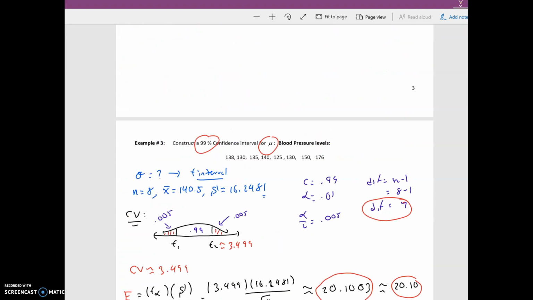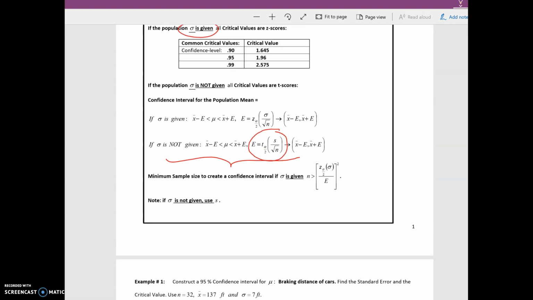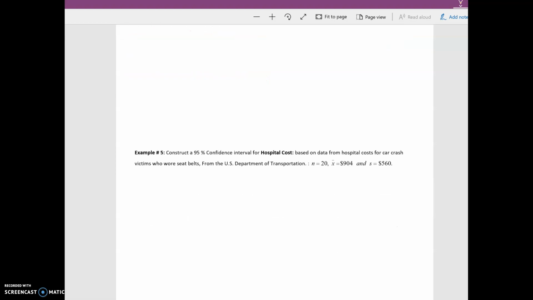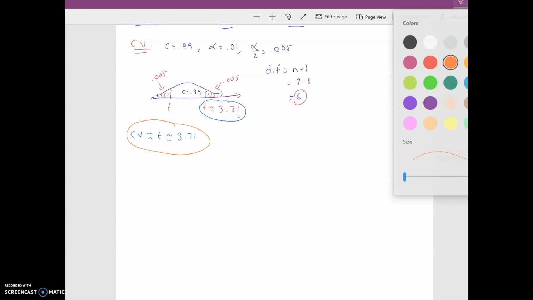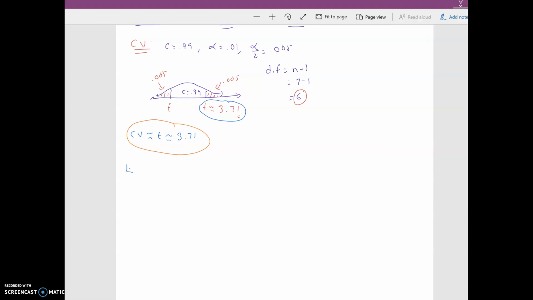Now, remember the standard error calculation. This is the formula that we're going to be using. The standard error is composed of the critical value times the standard deviation over the square root of n. So for this one, E is equal to T of alpha times the standard deviation of the sample over the square root of n.